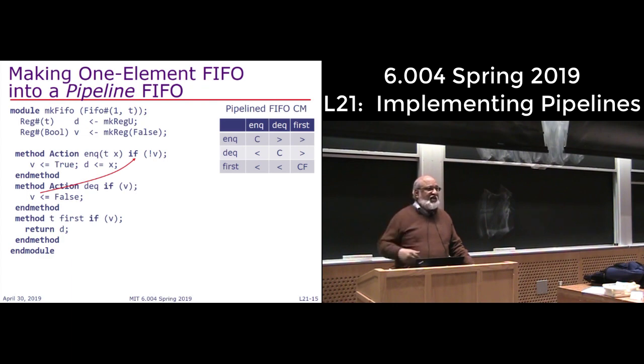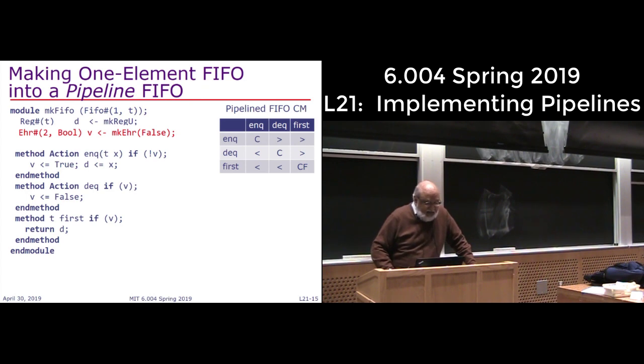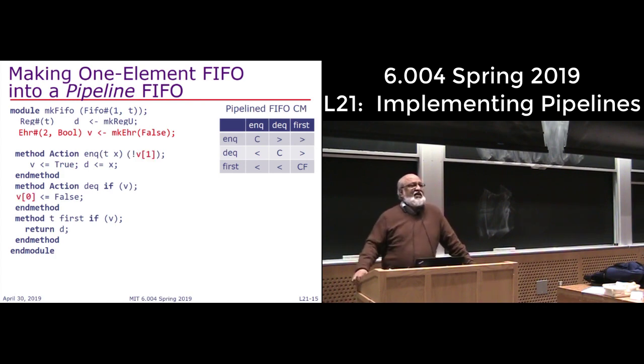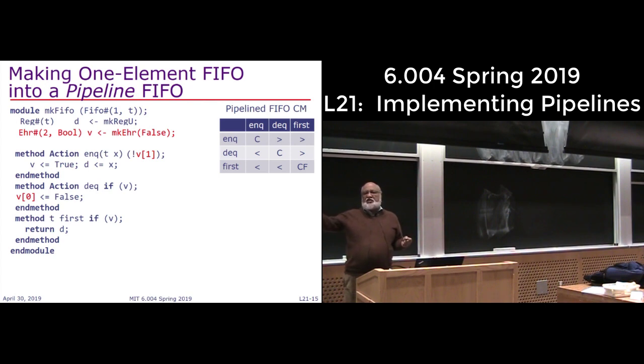That's the communication I want in this case, and the way I'm going to do it is I replace this V value with an EHR. And then what happens here? I write in V0, and the NQ is seeing the bypassed version.